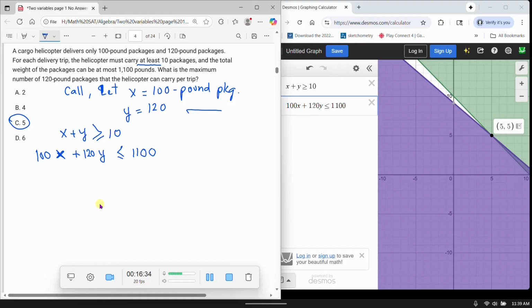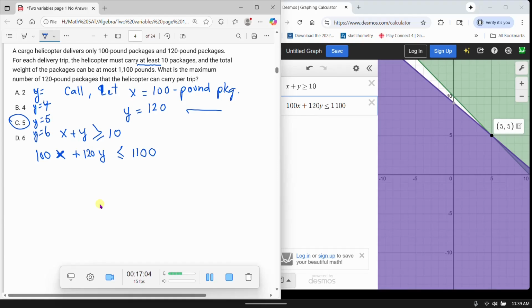We can plug the numbers in as well, and let's see if it works like that. So we can do this by hand, because again they want the maximum number of 120. That means each of the answer choices is a value of y: y equal to 4, y equal to 5, and y equal to 6.